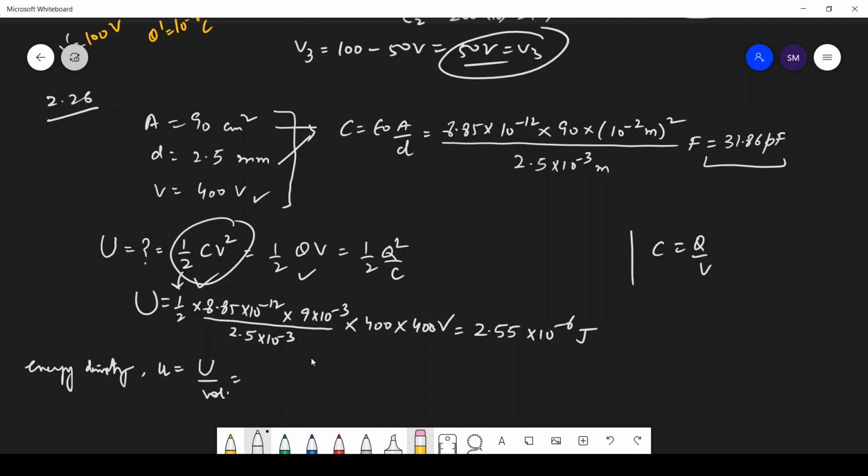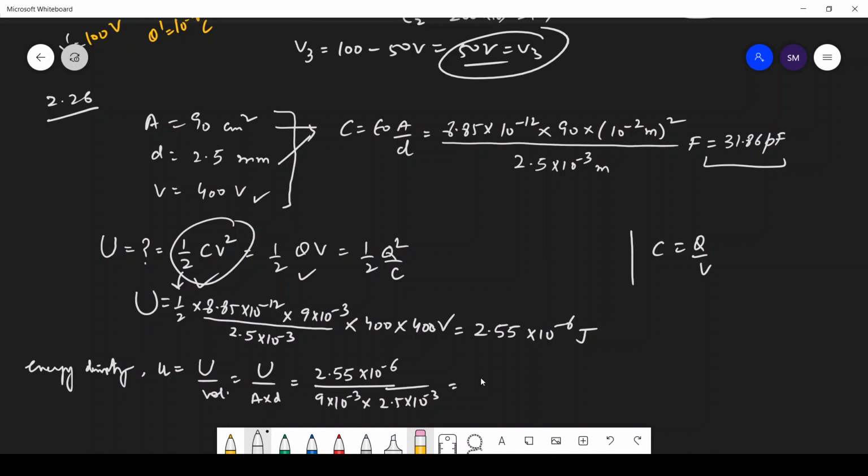Okay, so what is total energy? This is total energy. What is volume? Volume is A into D. So you know the value of A, you know the value of D. So putting them, A is 9 into 10 raised to the power minus 3 into D is 2.5 into 10 raised to the power minus 3. The units of energy is joules, and this is meter cube.